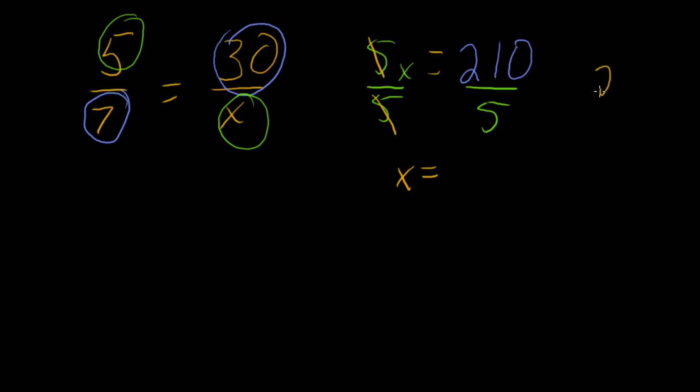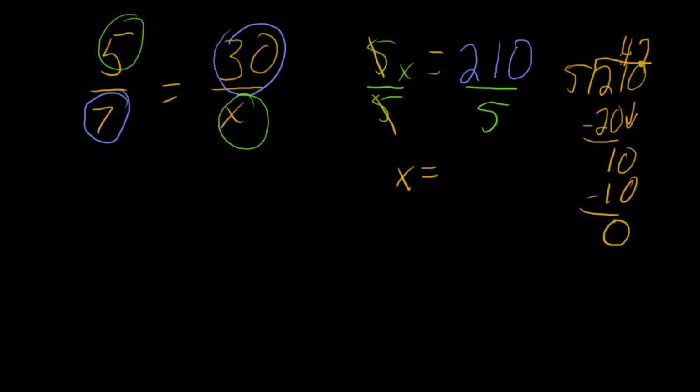We can do some long division if you don't know it immediately. 5 does not go into 2, but it goes into 21 4 times. 4 times 5 is 20, 21 minus 20 is 1. Bring down the 0. 5 goes into 10 twice. We know 2 times 5 is 10. So we get a remainder of 0, and x equals 42.